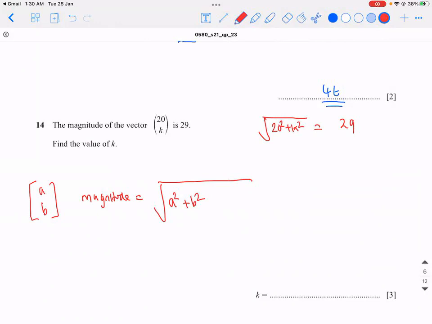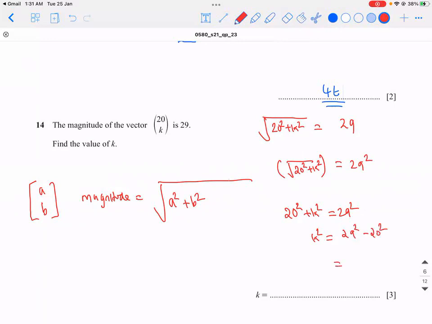And how can we remove this square root? Because ultimately we need to calculate k, right? So square both sides. If I'm squaring both sides, the equation remains the same, right? And that is equal to 29 square. So what happens? The square root got eliminated, and it becomes 20 square plus k square is equal to 29 square, and k square we can make the subject: 29 square minus 20 square.